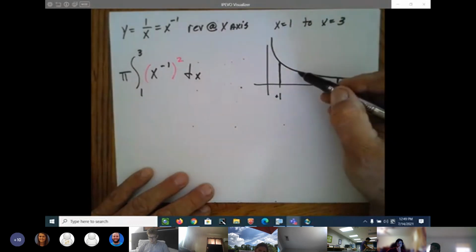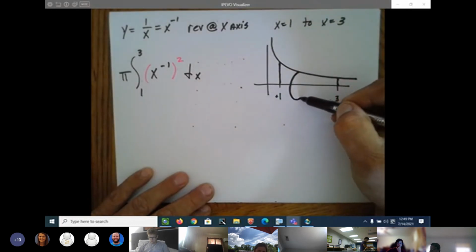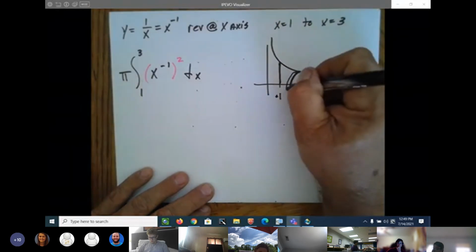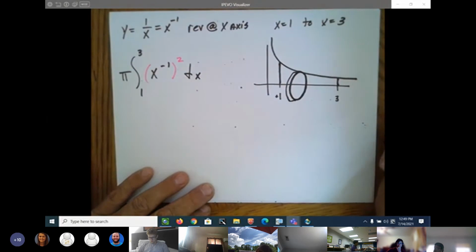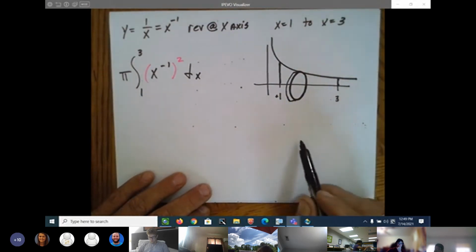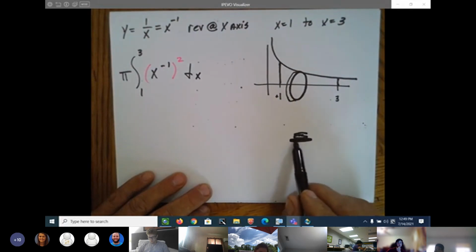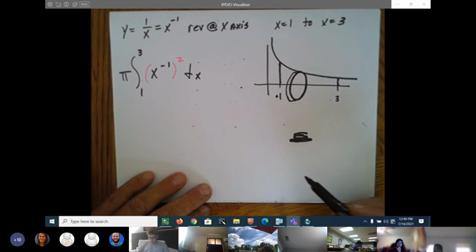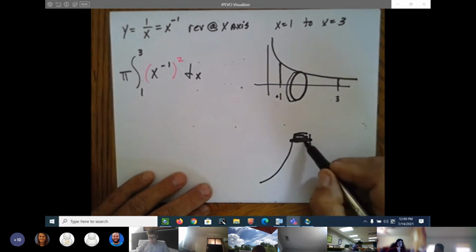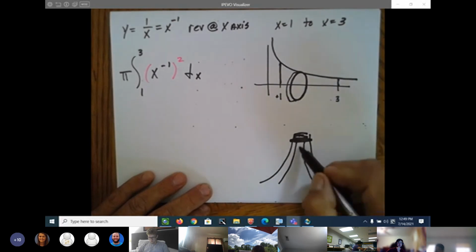So that means I'm going to make it just a little bit wide so you can see it. There we go. And what's that going to look like? Well, it's going to look like something like that.